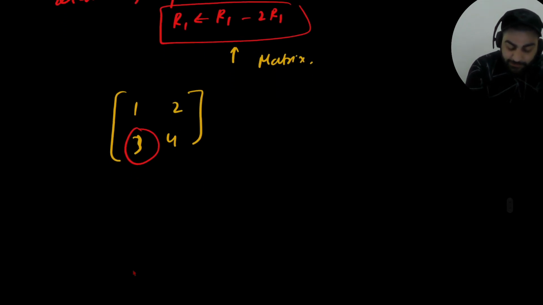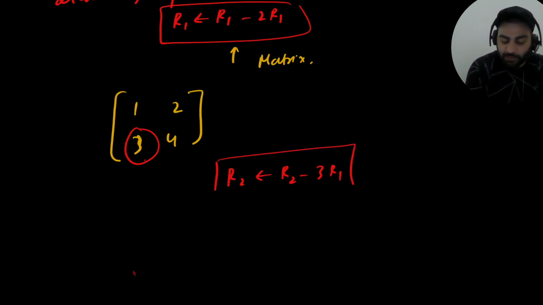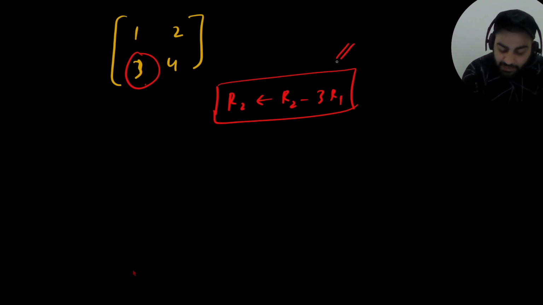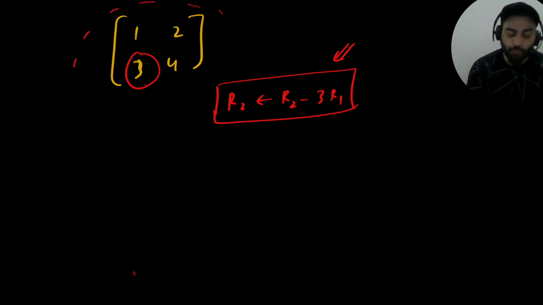I took R2 and said R2 minus 3 times R1, because this entry was 3. So this is what I want. How to achieve this is that I can make a matrix out of this, which I will multiply with this. So how to do that?